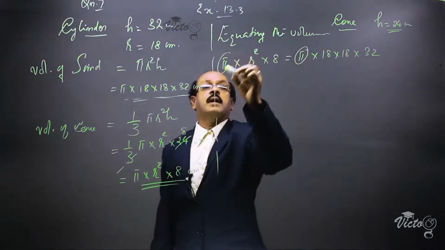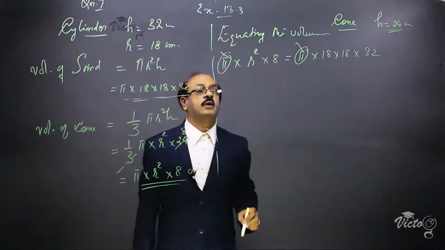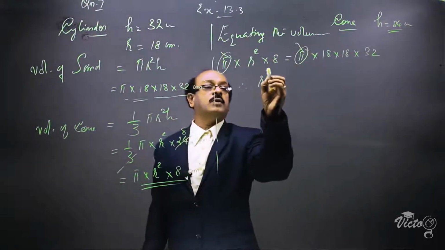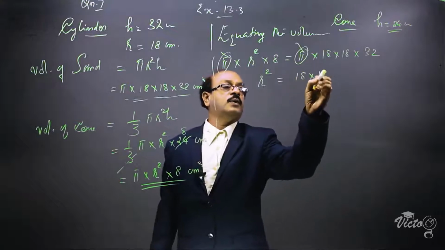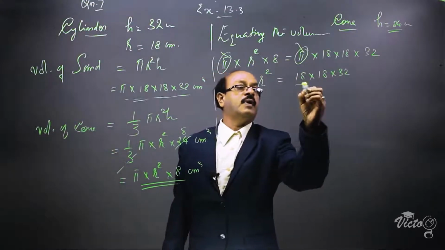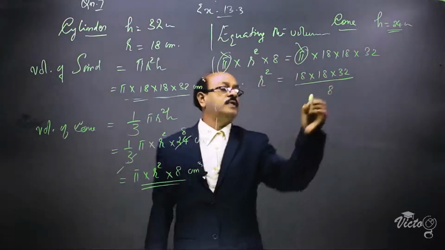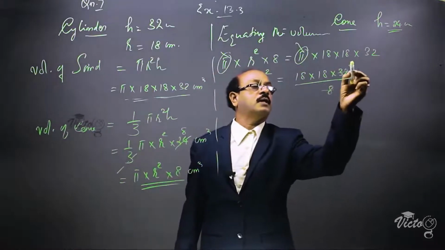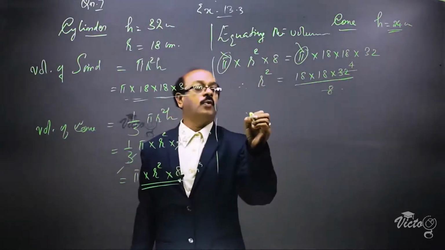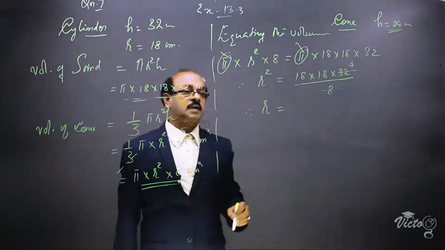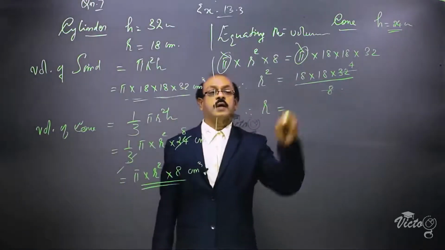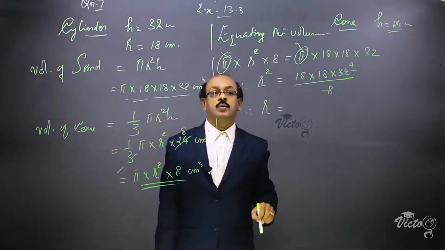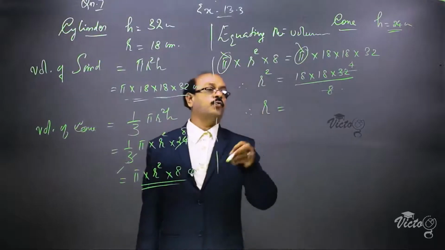So pi and pi get cancelled. Therefore, r square is equal to 18 into 18 into 32 divided by 8. This 8 and 32 get cancelled, the result is 4. To find the value of the radius r, we have to take the square root of the right side, because r square is equal to 18 into 18 into 4.